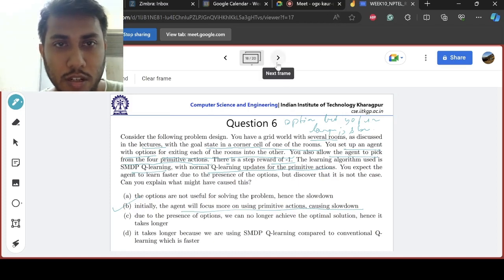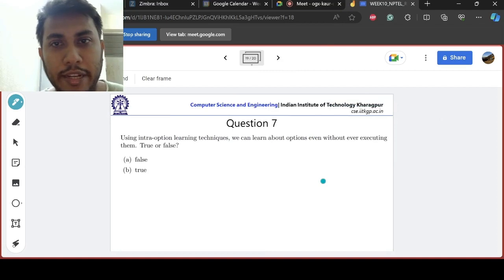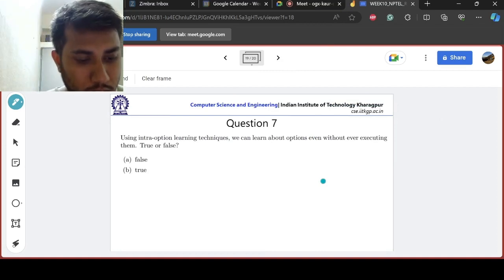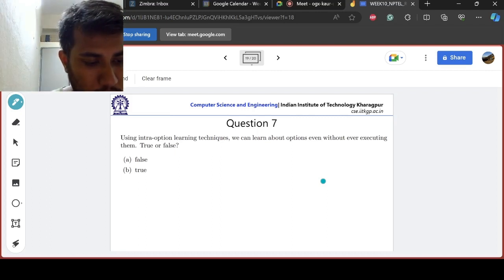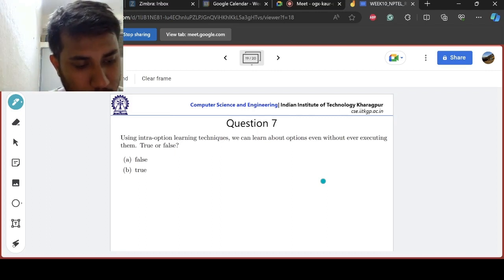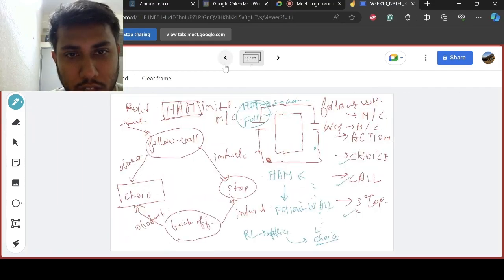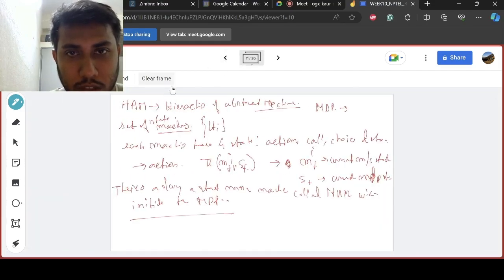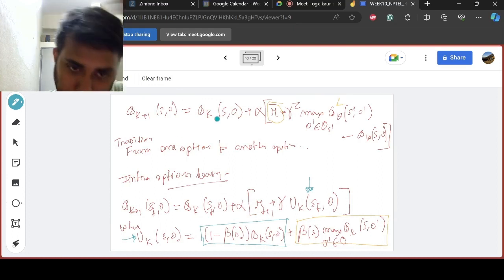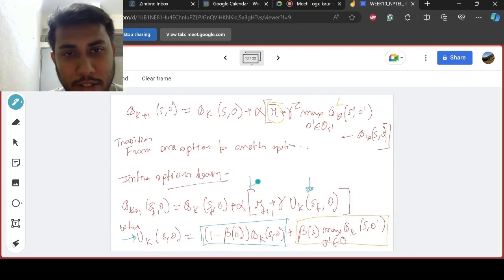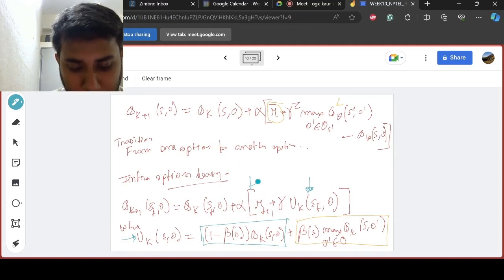Okay, so let's go to the next one. Using intra-option techniques, you can learn about options even without executing them. So this one is true, because if you come back to this equation, you see you are considering all the states here, not only those in the options, but whenever you are making a transition to the next option, you are considering it also.